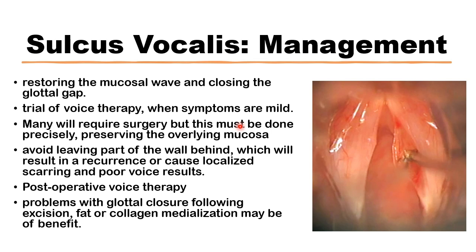But many cases, particularly type 2 and type 3 cases, would require surgery that should be very precise in order to remove all the sulcus remnants, which is not an easy job, and should also be very conservative in order to reduce the amount of post-operative scarring and reduce the amount of resection of the mucosal cover of the vocal cords that can lead to further stiffening of the vocal folds.